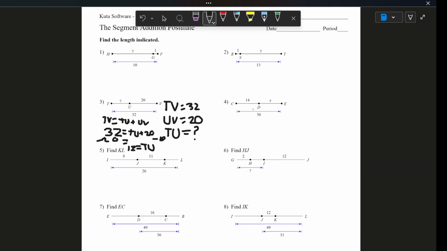Perfect. Let's do this one over here. So right now we're trying to find DE. So let's write it down. We know CE equals 30. We know CD to be equal to 14. And we want DE.